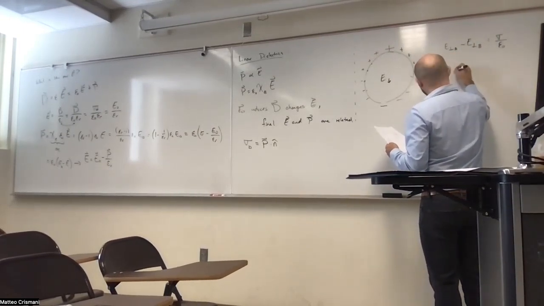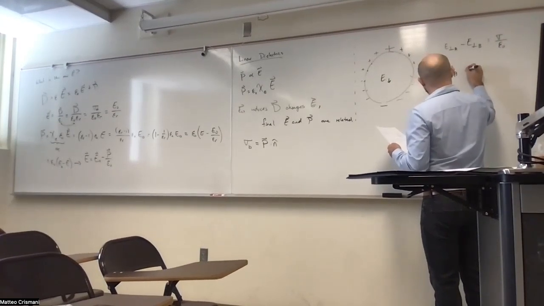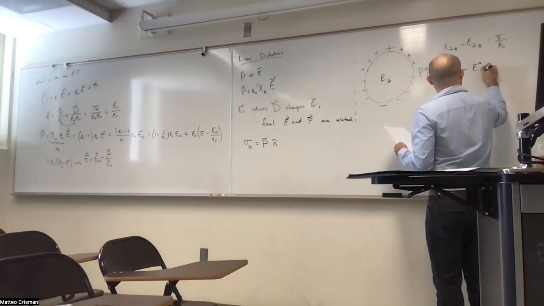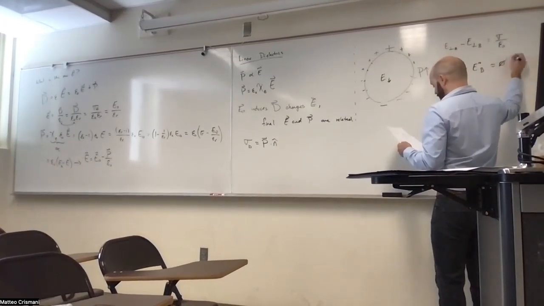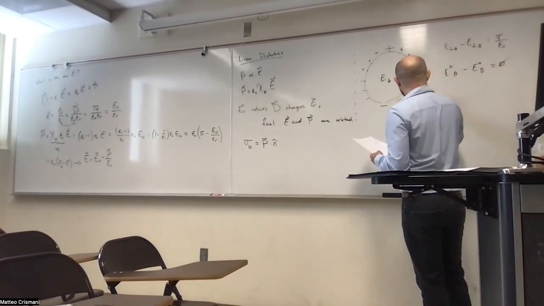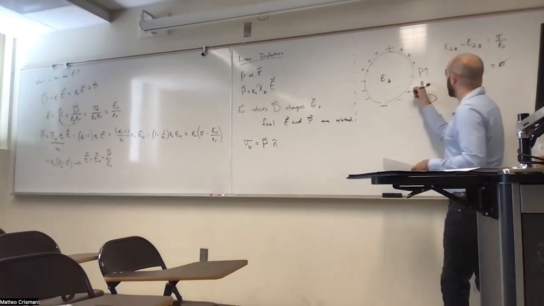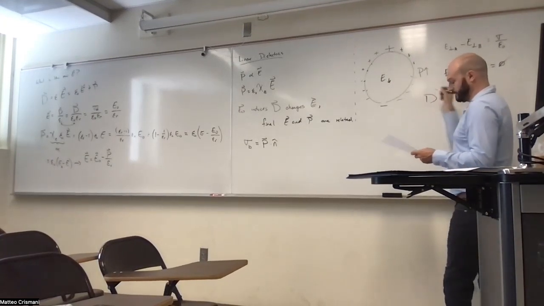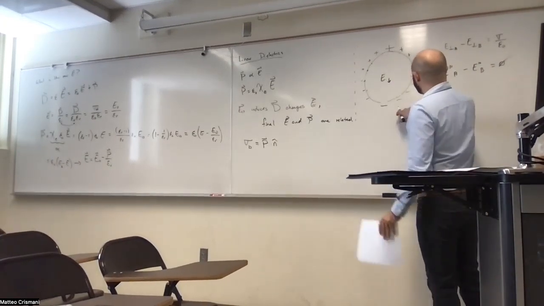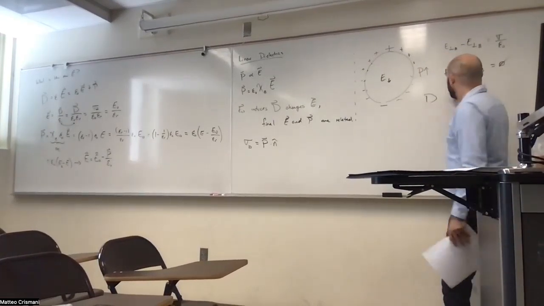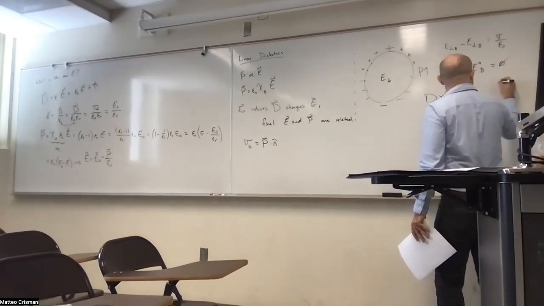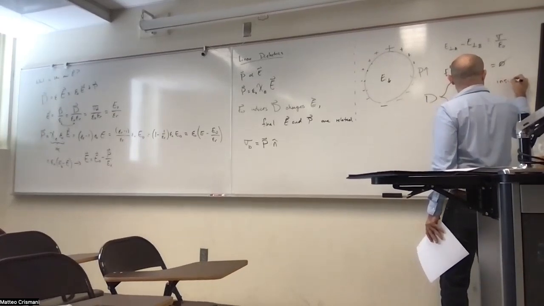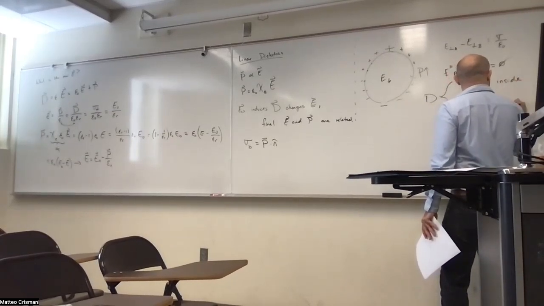Whereas the parallel components are 0. That's okay. Let's talk about D. D is that linear combination of these two. So we're gonna think about the inside and outside.